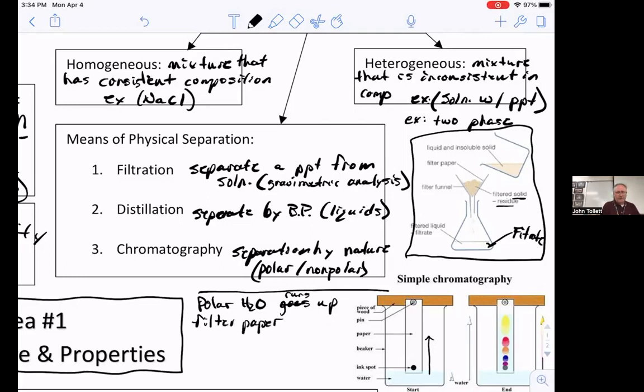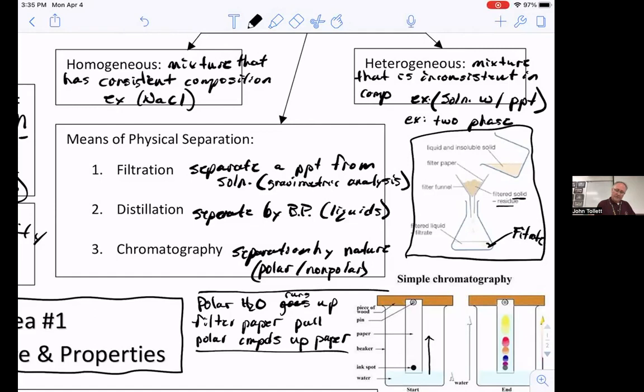We did this at the very beginning of the year in our first lab, where we had several different pens and the pens were dragged out based on their polarity. The water would go up the filter paper and pull the polar compounds with it, and it would separate them. The non-polar ones wouldn't travel as far, or wouldn't actually travel in the paper, and the polar ones would.